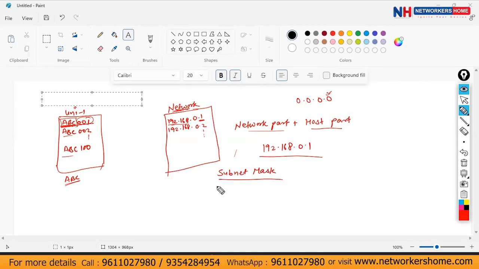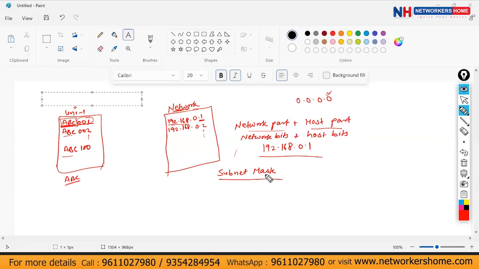The subnet mask is a number that tells which part of your IP address is the network part and which part is the host part. Because we write everything in bits, and your system understands only binary bits, the network part can also be called network bits, and the host part can be called host bits.